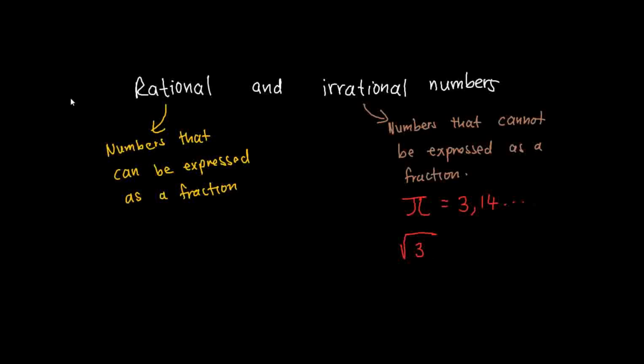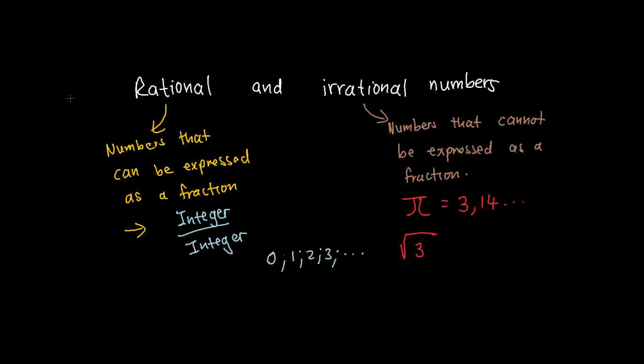Now you might say, but Mr. Jordan, what if it's the square root of 3 over 1? And that's actually quite a good question. But in terms of a rational number, it has to be an integer over another integer. Now, what is an integer again? An integer is all your whole numbers, 0, 1, 2, 3, all the way to infinity.